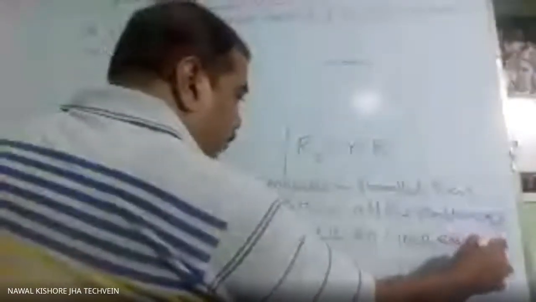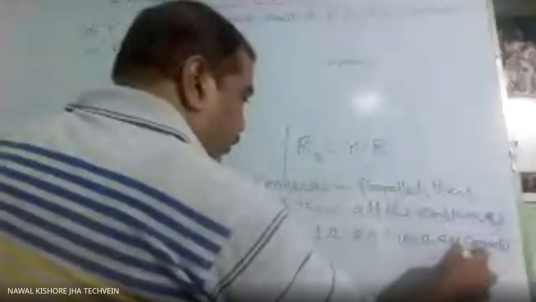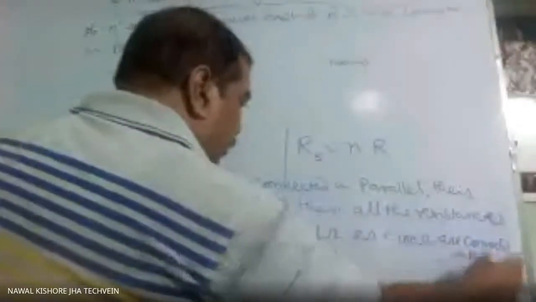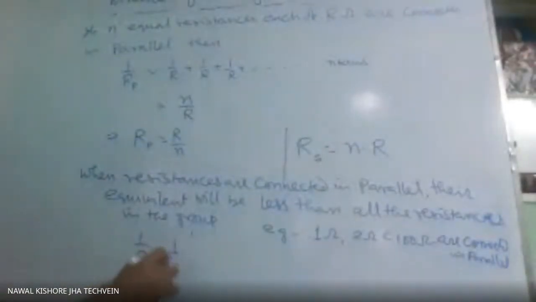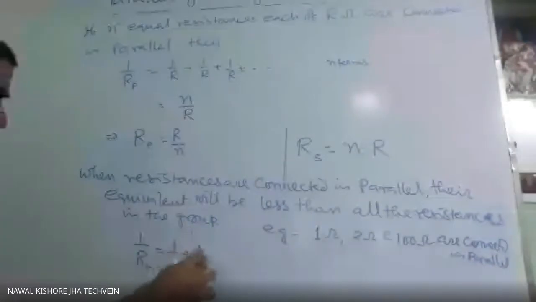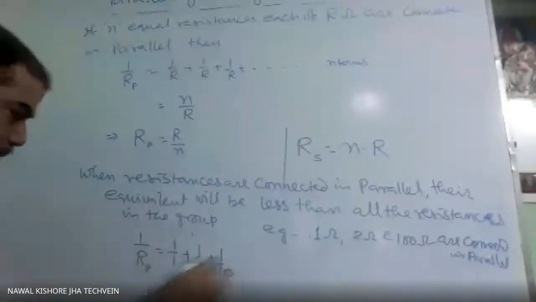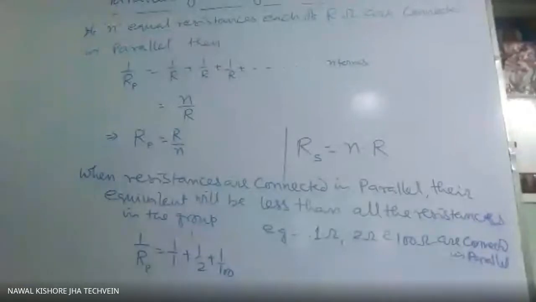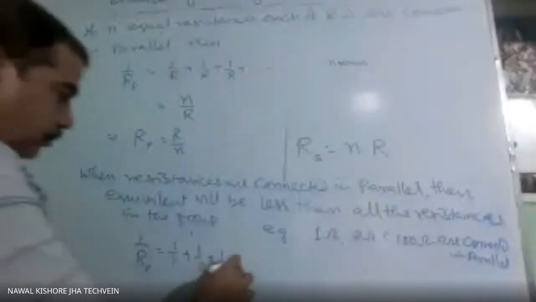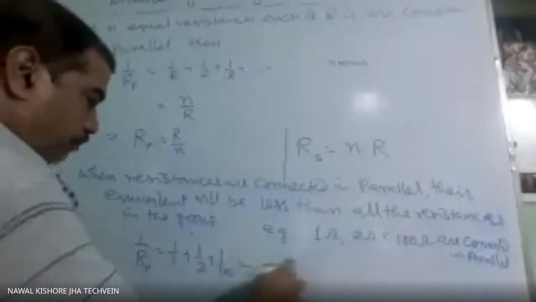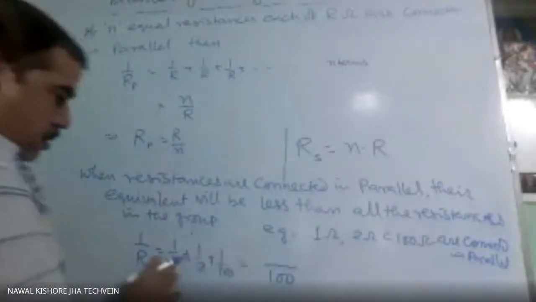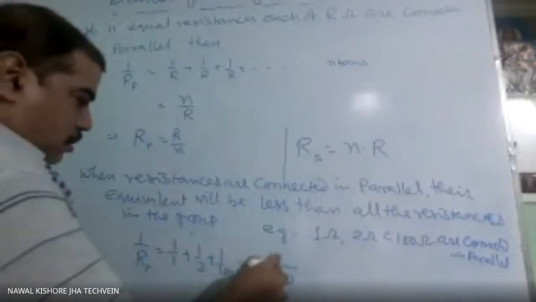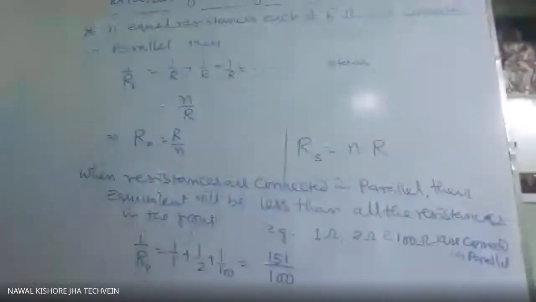How do you find their parallel equivalent? 1 by 1 plus 1 by 2 plus 1 by 100, which is 151 by 100.